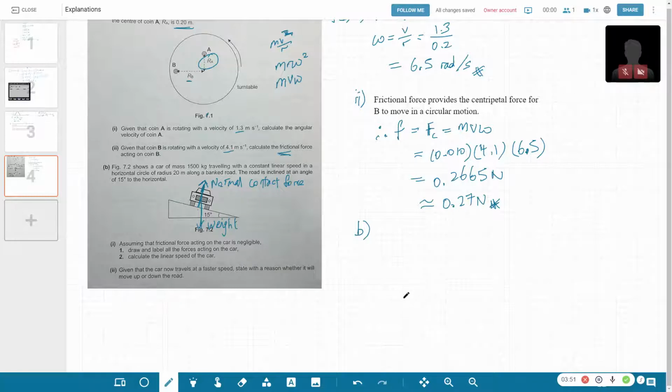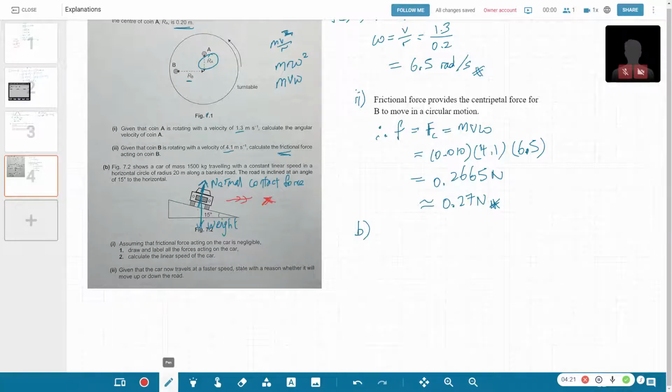So calculate the linear speed. Now it is moving in a circular motion. So to calculate circular motion, your first thing is to always identify the center of the circle, which in this case is here. So it's telling you that the resultant force is towards this center of the circle, horizontal. And as per dynamics questions, what we need to do is resolve our forces perpendicular and parallel to the direction of acceleration.